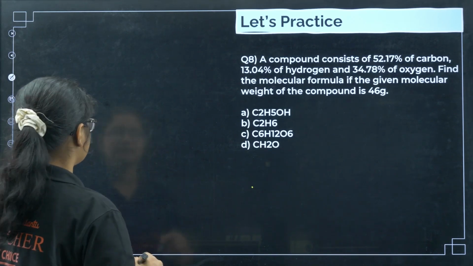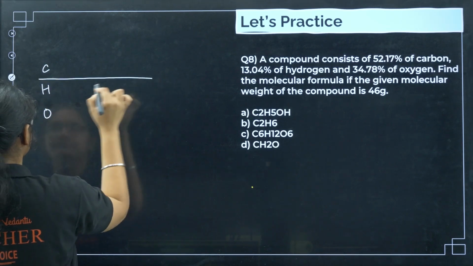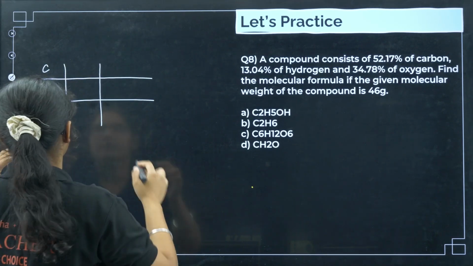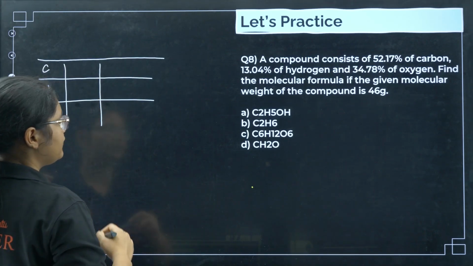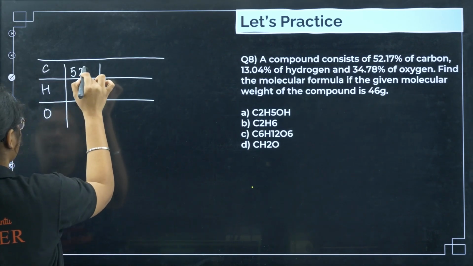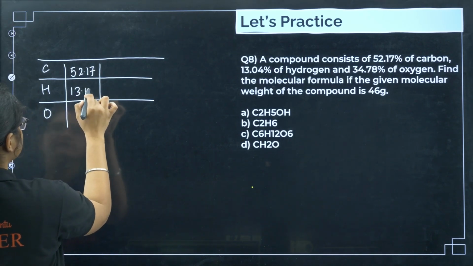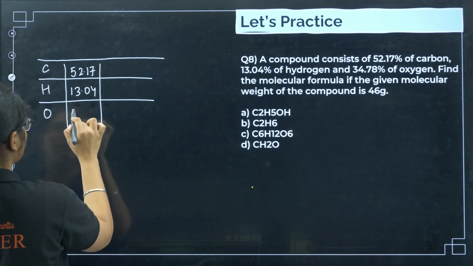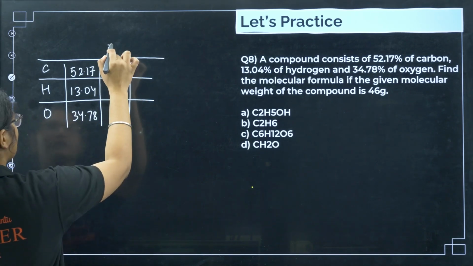So first let us start with our basic step, C, H and O. So first, what is the percentage of carbon? Carbon percentage is 52.17. Next I have hydrogen is 13.04 and oxygen is 34.78. Okay.